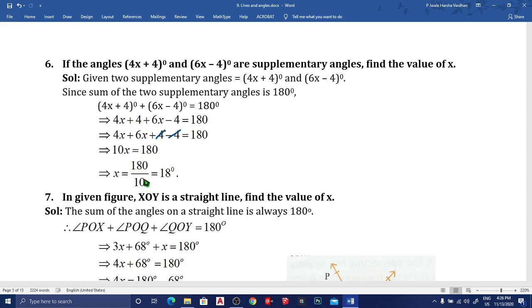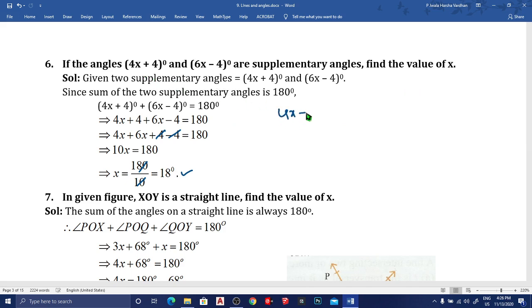So then x is equal to 180 by 10. The 0 gets cancelled here, so 18 remains. So x is equal to 18 degrees. You have to find only the value of x, which is 18 degrees. If you want to find the angles also, you have to substitute like this.